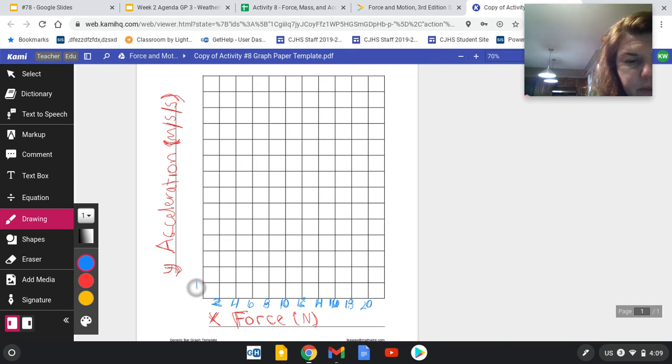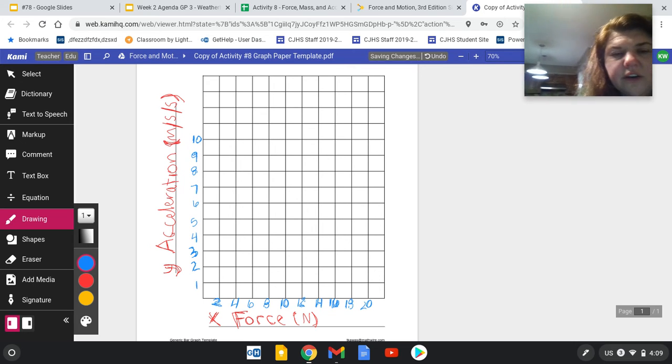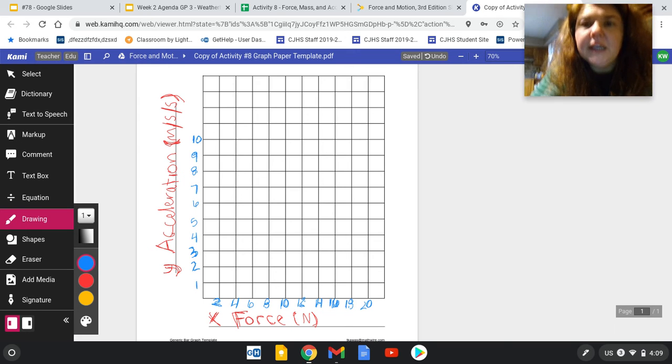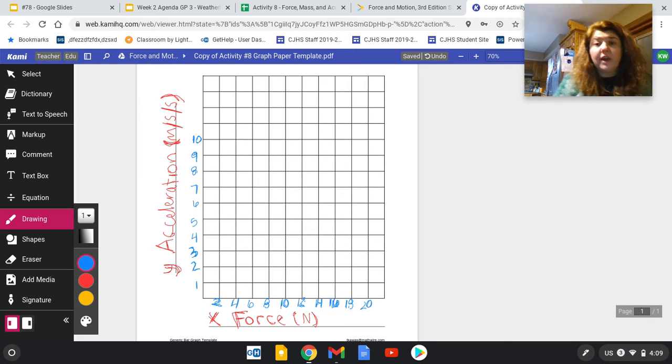So this would be 1, 2, 3, 4, 5, 6, 7, 8, 9, and 10. So there is our acceleration. Now we are ready to graph that.